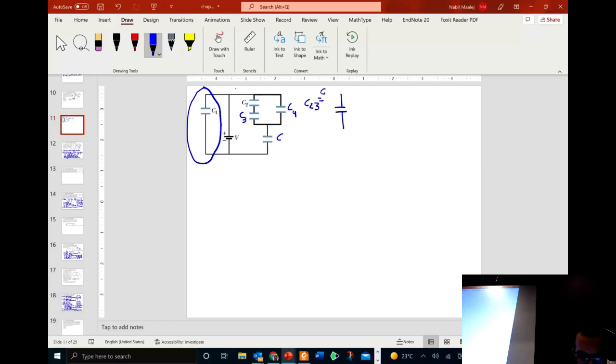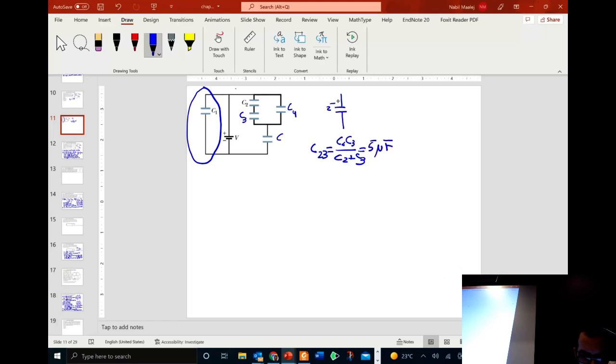This is the product of C2 and C3 divided by the sum, C2 times C3 divided by C2 plus C3. So 10 times 10, that's 100, divided by 20, that's 5. So this is 5 microfarads.